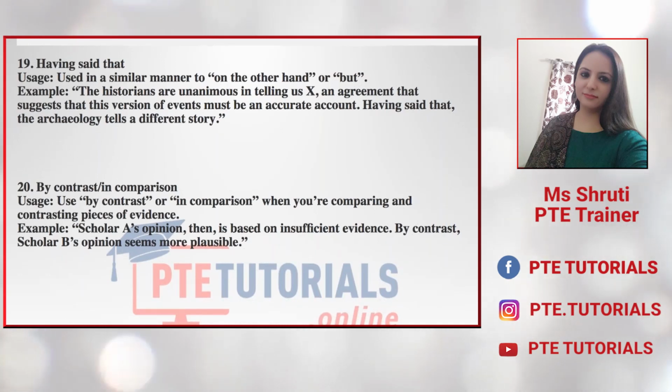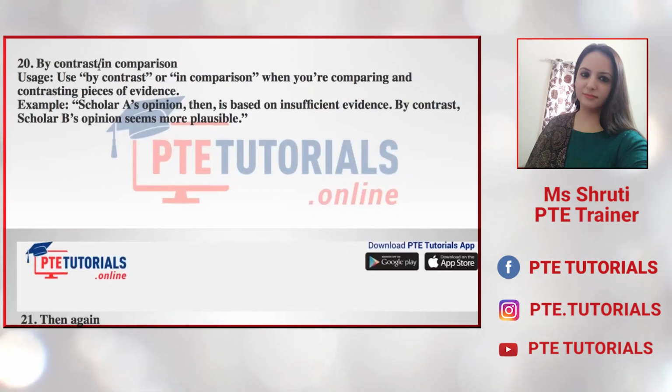Next, by contrast or in comparison. Use by contrast or in comparison when you are comparing and contrasting pieces of evidence. For example, scholar A's opinion is based on insufficient evidence.